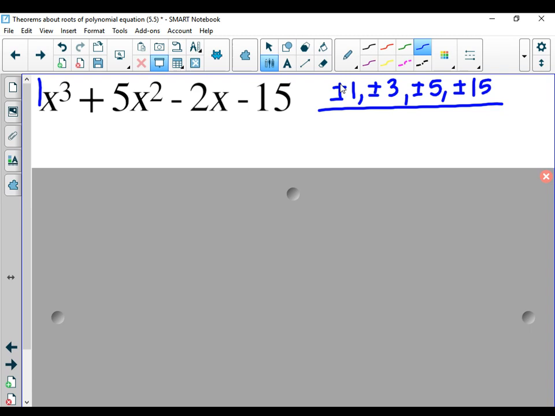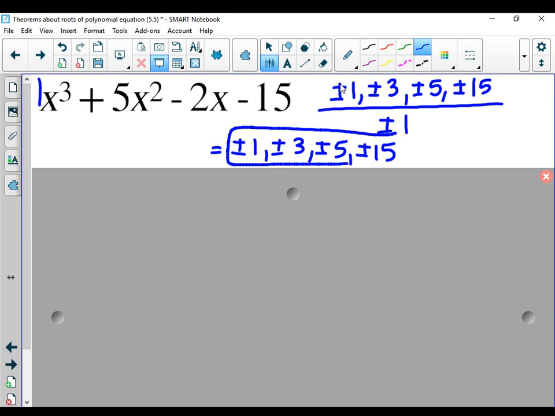Because all the numbers that go into 1 are just 1. And then I'm going to simplify that. Well, if everything's over 1, then it's just itself. So my answer is plus or minus 1, plus or minus 3, plus or minus 5, plus or minus 15.